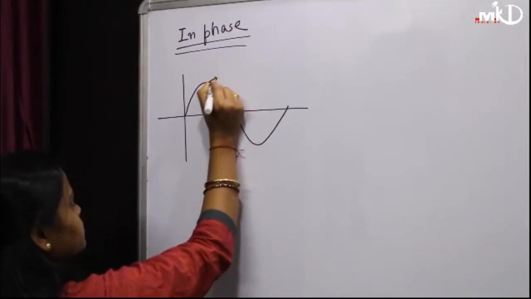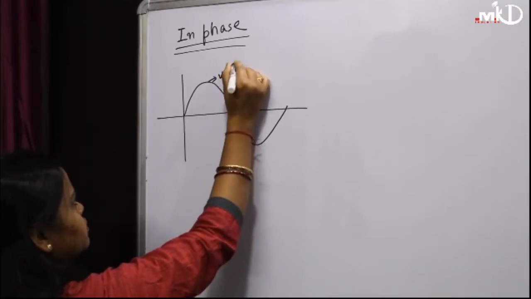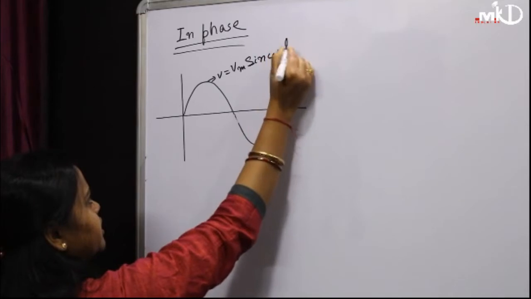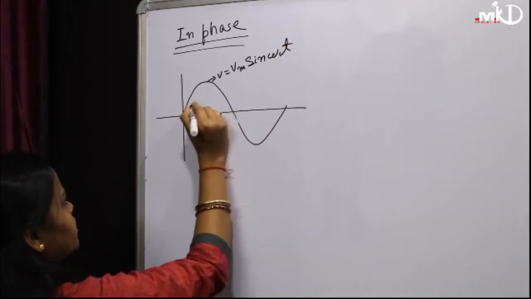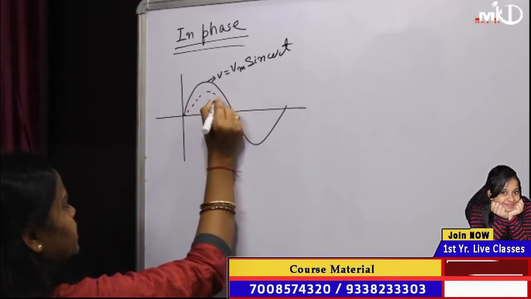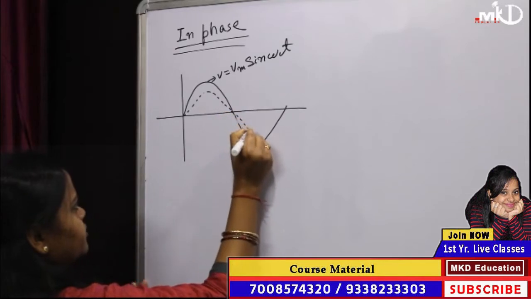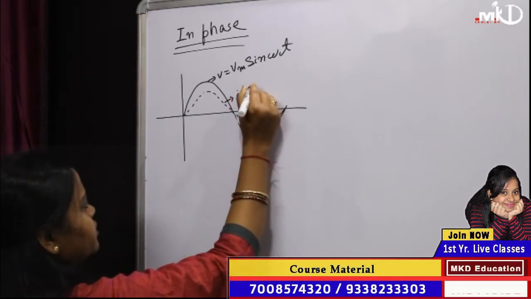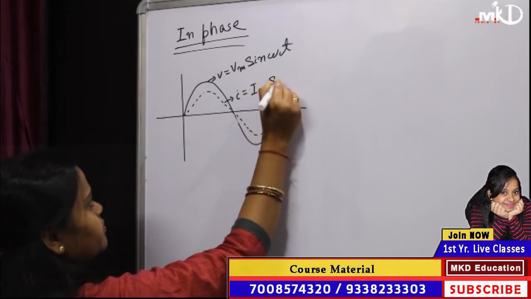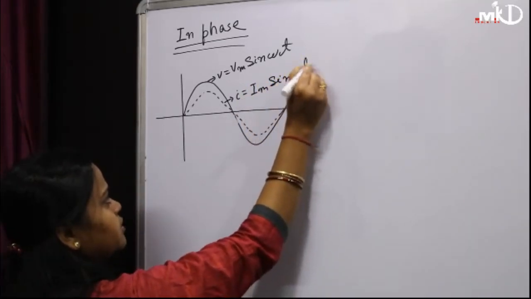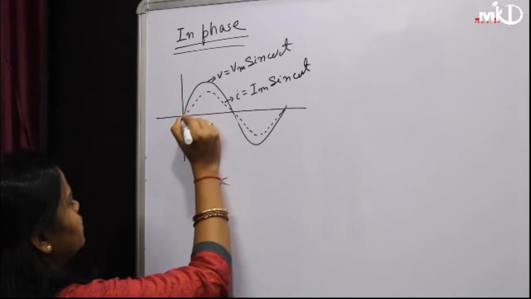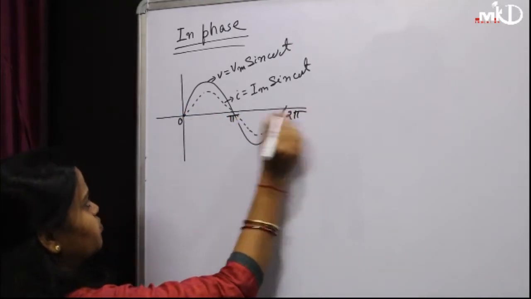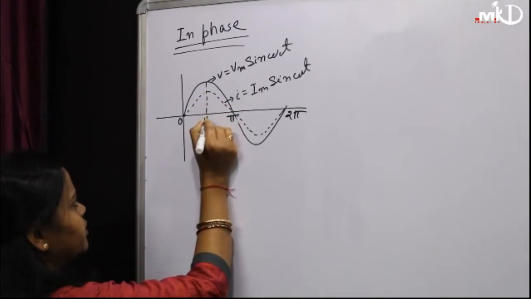This is V equal to Vm sin omega t, and we draw the current with the dotted line. This is the waveform for I, equal to Im sin omega t. Here this is 0, this is pi, this is 2 pi, and this point is pi by 2.